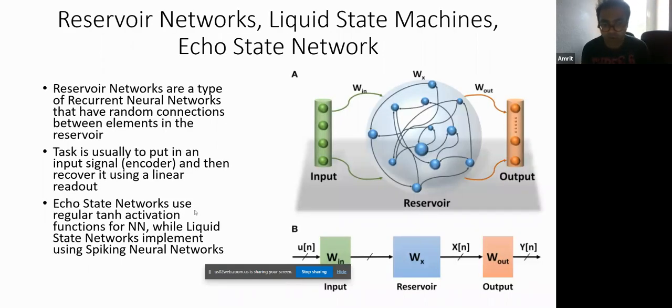So the first thing is, what is this reservoir network? What is it used for? Well, basically a reservoir network is a bunch of recurrent neural networks that are just kind of hooked up in this reservoir randomly.